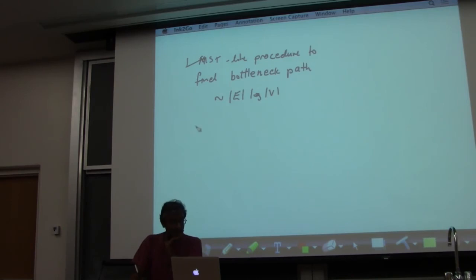And then you have to do K iterations. So the total time of fat pipes is E squared log V log F star. And you compare this to basic FF, that was basically E times F star.